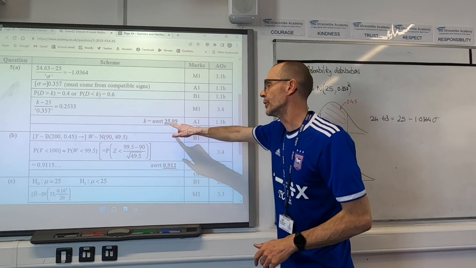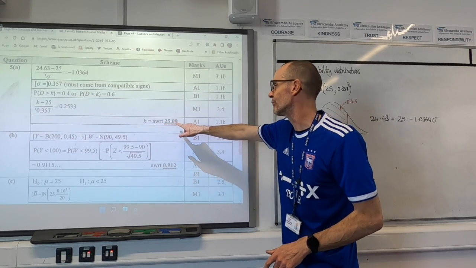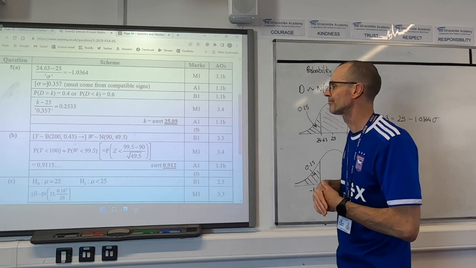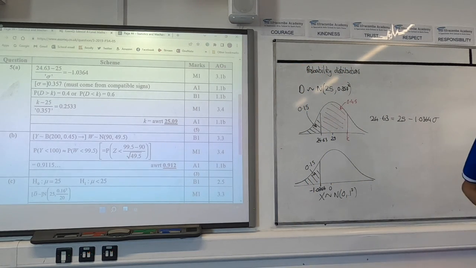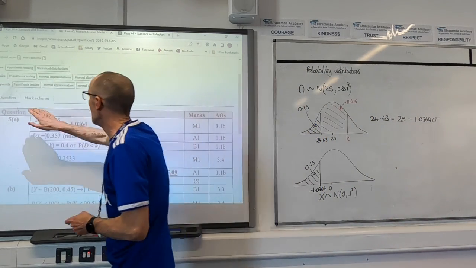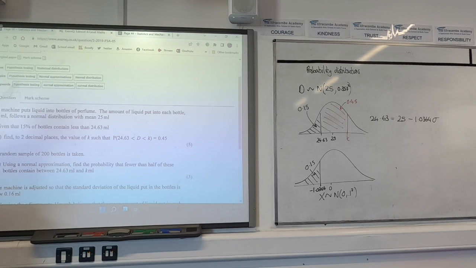Answer which rounds to, that's what that means. So anything which rounds to that is okay. Right, now, the second part of this question is about hypothesis testing, another lesson. So we're not going to do that now, but we are going to do one more question.